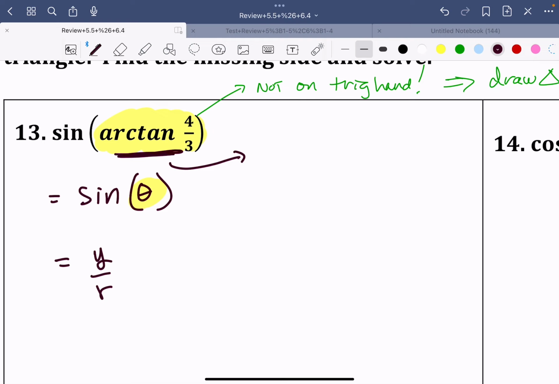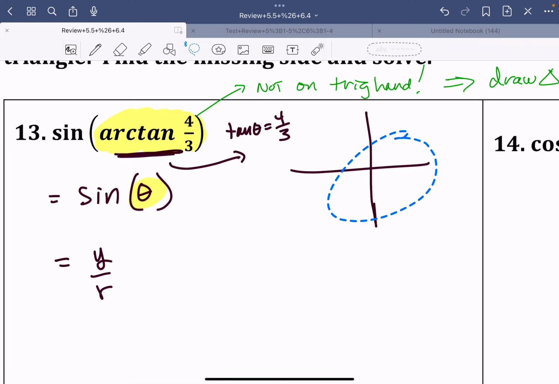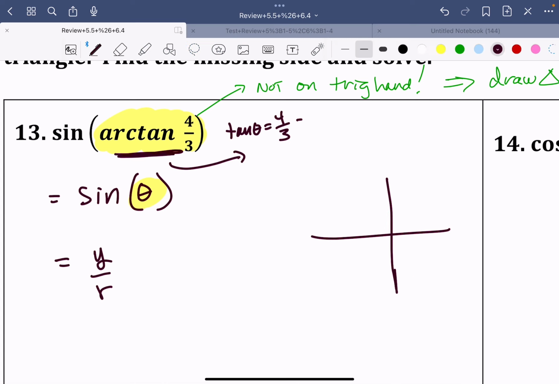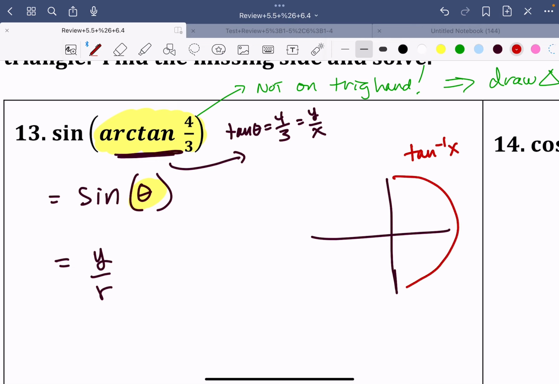So first, if I look at theta, if I am doing tangent, this arctan of 4/3 is just saying that the tan of my mystery angle is 4/3, but guess what? Tangent is y over x. So they're either both positive or both negative, but for tan inverse, I'm restricting myself to the right-hand side.